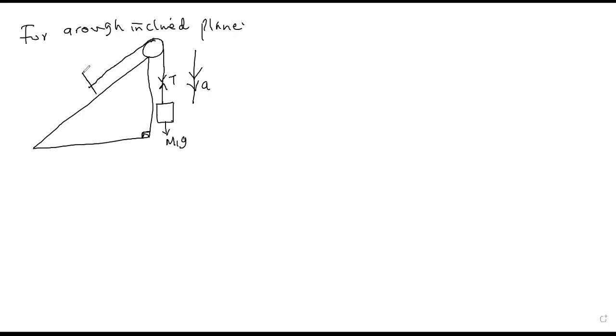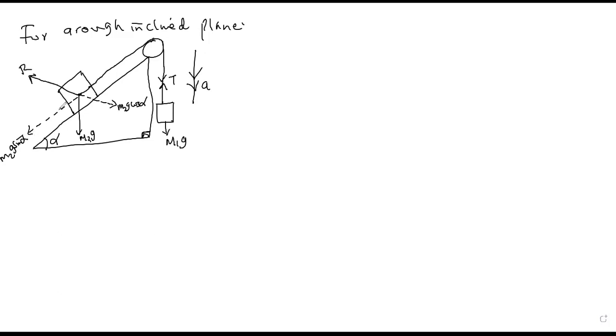I'm having my other mass on a plane at an angle alpha. If my weight is m2g and the normal reaction is R, I will have m2g cos alpha, and the component along the plane is m2g sine alpha.